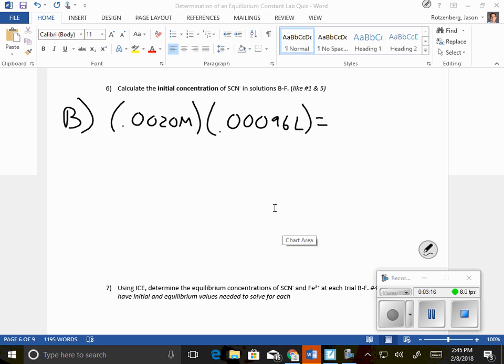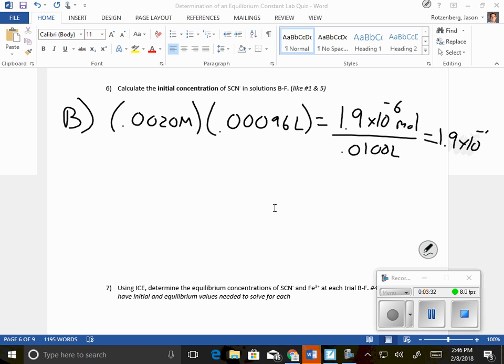That gets me my moles, 1.9 times 10 to the negative sixth, divided by the 10 milliliter sample that it was in. I had a 1.9 times 10 to the negative fourth molarity for that trial number 1.